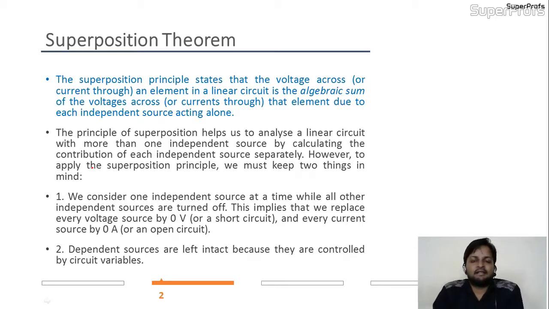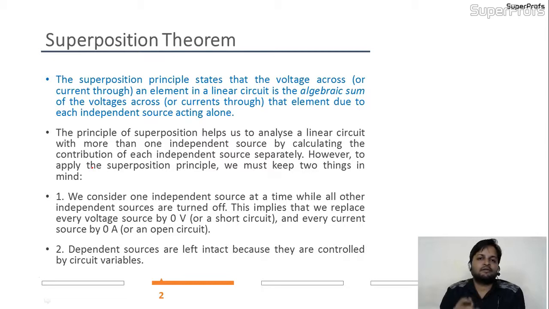Similarly, in electrical circuits we have the superposition theorem, which is based on the superposition principle. The superposition theorem says, suppose in a circuit 2 or more independent sources are working, meaning voltage sources or current sources. Consider one branch AB in that circuit.